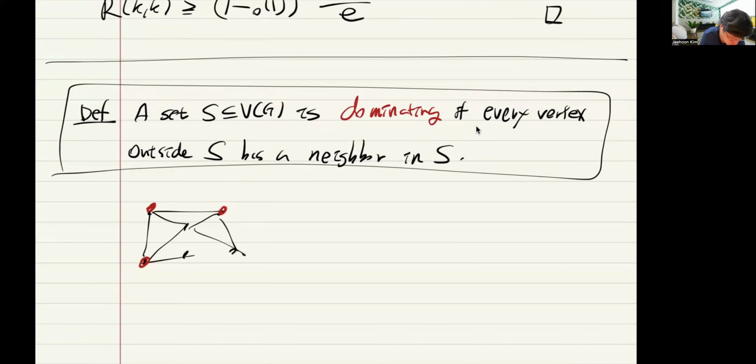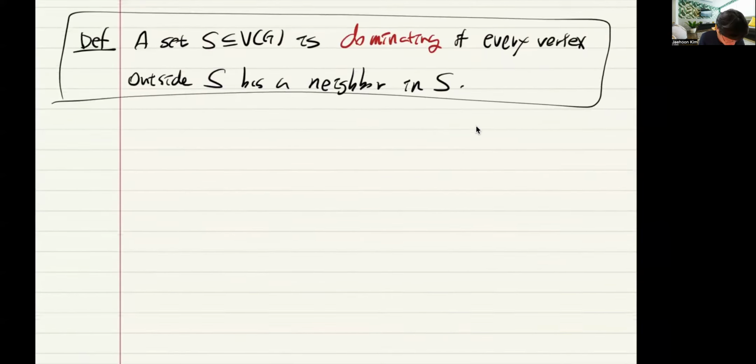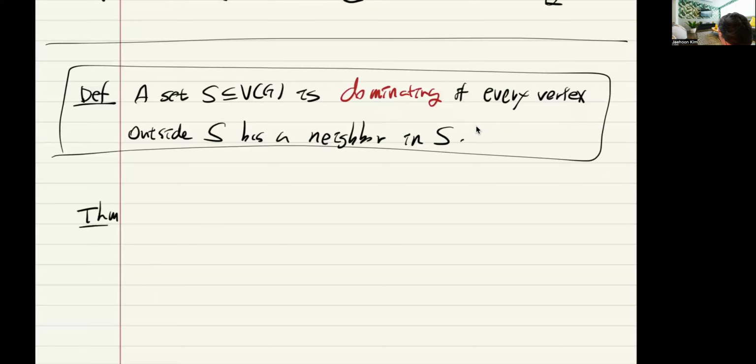And a dominating set is the good places to put policemen so that you can guard everywhere. And yeah, you can come up with lots of situations where this dominating set concept is used. And then the question is, can you find a dominating set in a graph? Of course, you can take everything, but can you find a small dominating set?